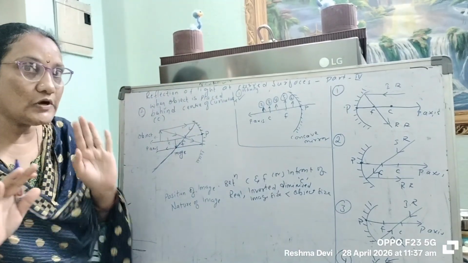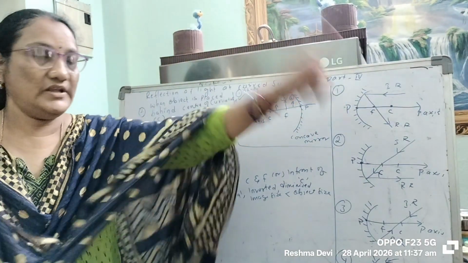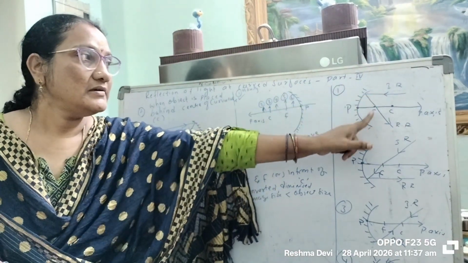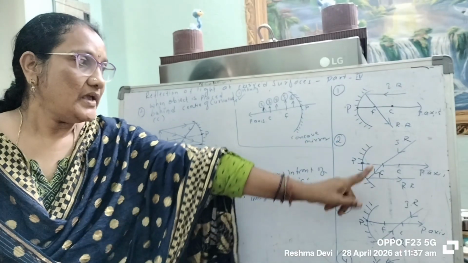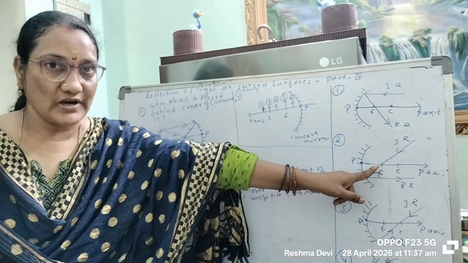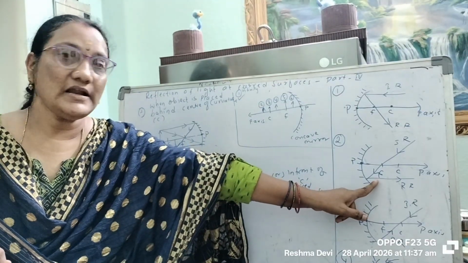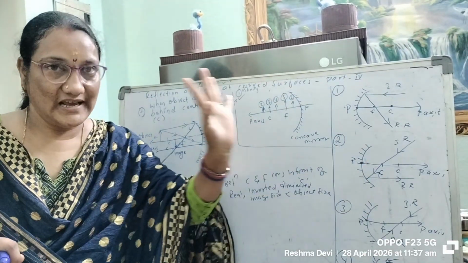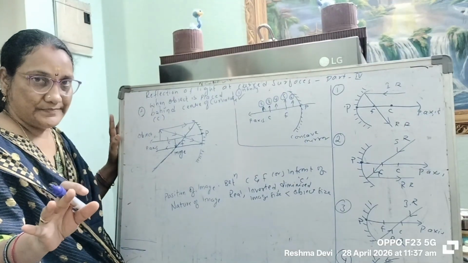Now understood how to draw the ray diagrams? We are following these rules itself only. If they come parallel, make the reflected ray pass through the focus. If they travel towards the focus, make the reflected ray travel parallel to the principal axis. Okay, maximum these two conditions only we are using.